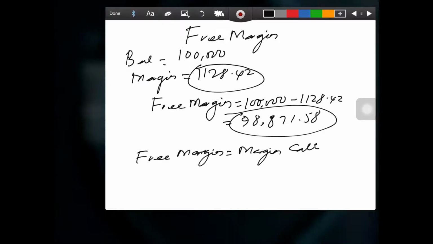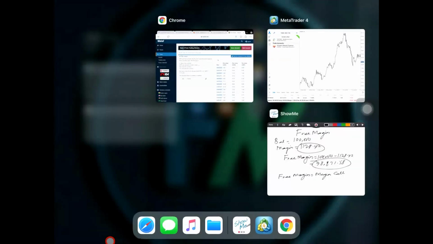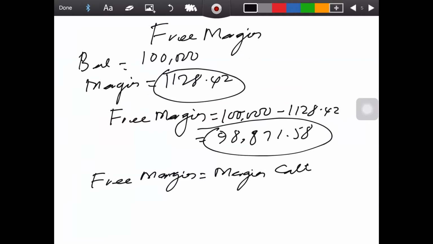Once your equity gets close to zero, as your free margin is reducing, your equity is also reducing. And once your equity gets to zero, you have blown, and you will experience what it feels like to blow a forex account.